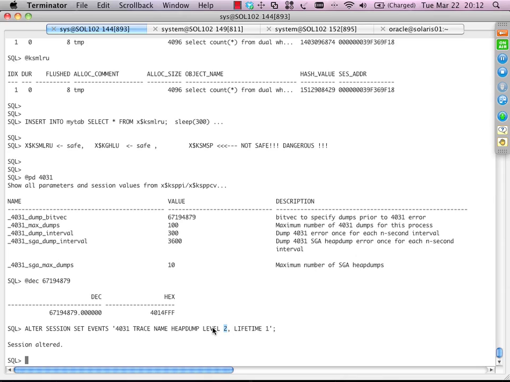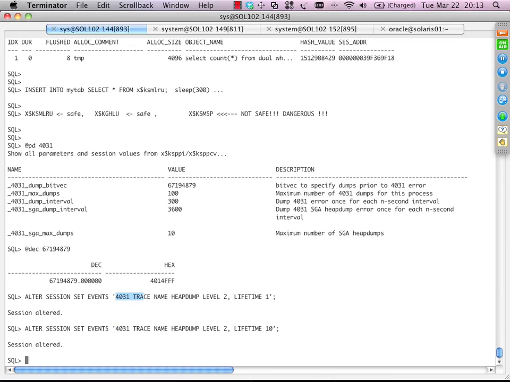So just like that bad $X table or this dangerous $X table here, it actually takes the shared pool latches and walks through the entire shared pool and potentially hangs your instance for seconds or minutes, or if you hit the bug, then for hours or forever, right? But what I do here is that when this error happens, then do a heap dump, level 2, that's the shared pool, and lifetime 1 means do the heap dump and then turn this event off.